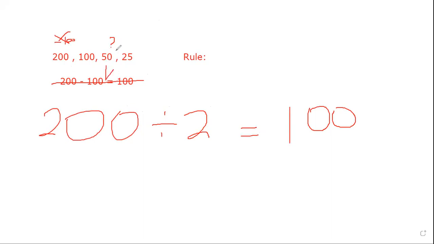Now 50 divided by 2 equals 25. It's correct. Therefore, our rule is divide by 2 each time. Is that easy now? I hope you understand the lesson. Okay, I'll give you one more example and then you are going to do it alone.